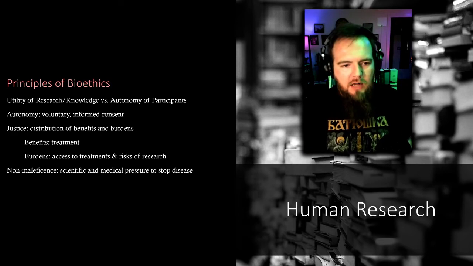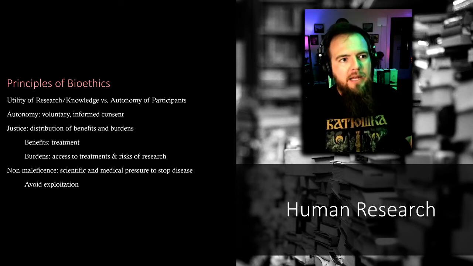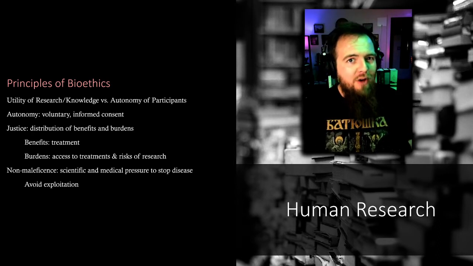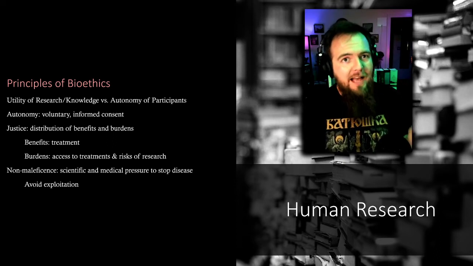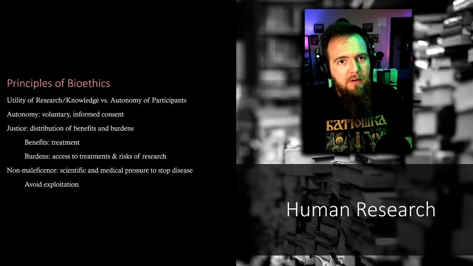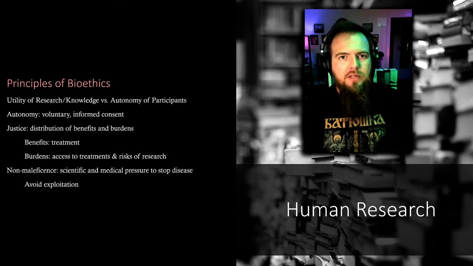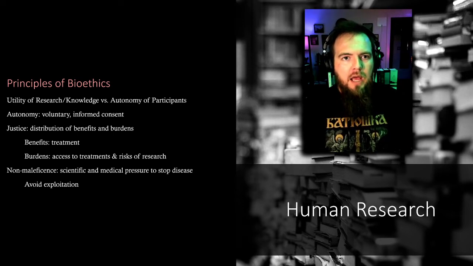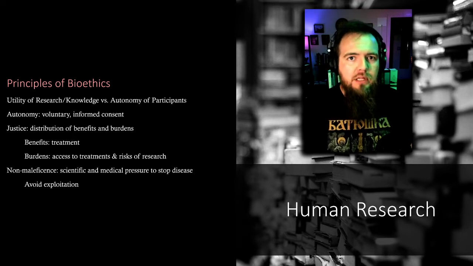Non-maleficence, we already kind of talked about, but scientific and medical pressure to stop a disease. But I think that there's also an element here of we should probably also try to avoid exploitation, and, that's an understatement, we should avoid exploitation, especially of vulnerable people, right? Why aren't scientists worried about this as much as the disease? The effects of exploiting a population and eroding trust in the institution of medicine are really, really huge.